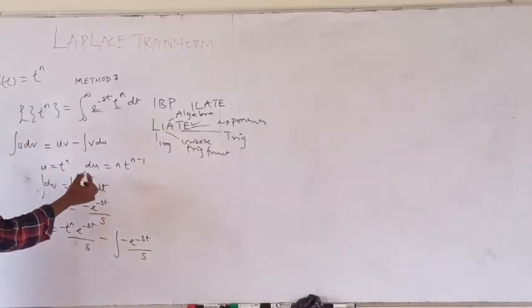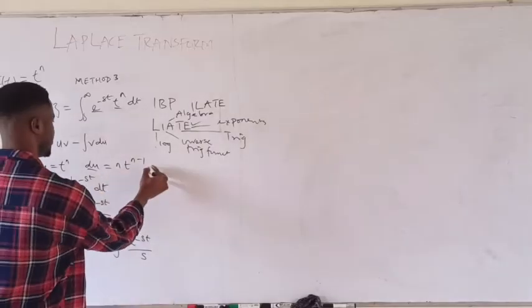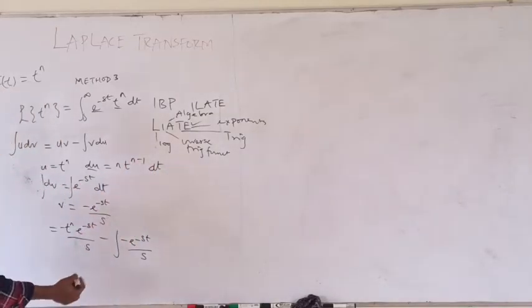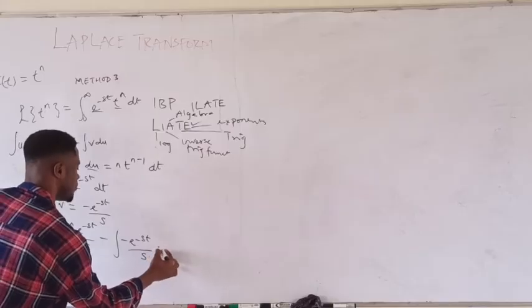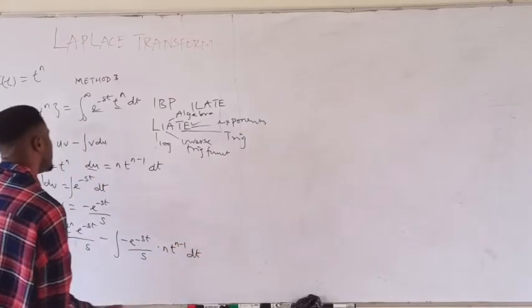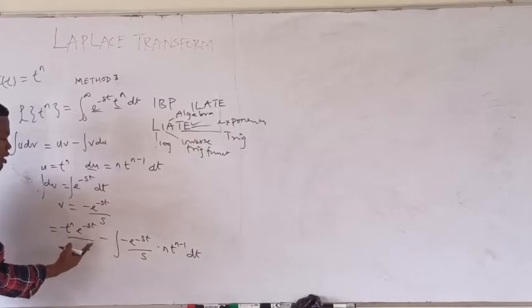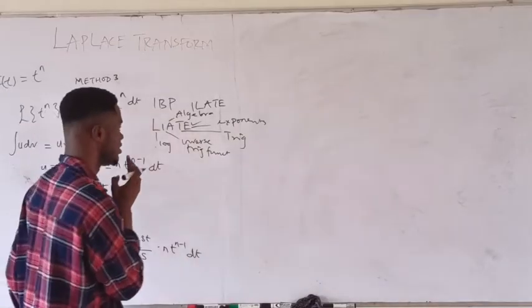What is the value of our du? Du was equal to this, that means we multiply by n t raised to the power of n minus 1 dt. So this is what we have as the value of this integral. Since this one is already here, let's hold it.